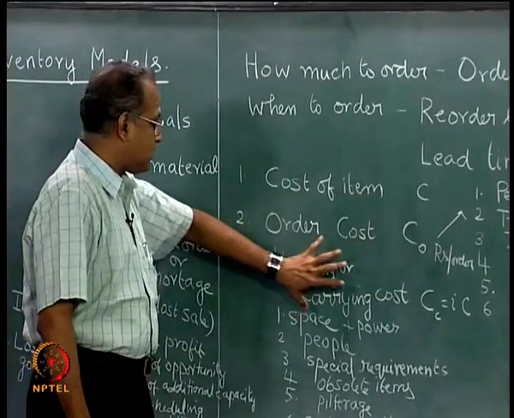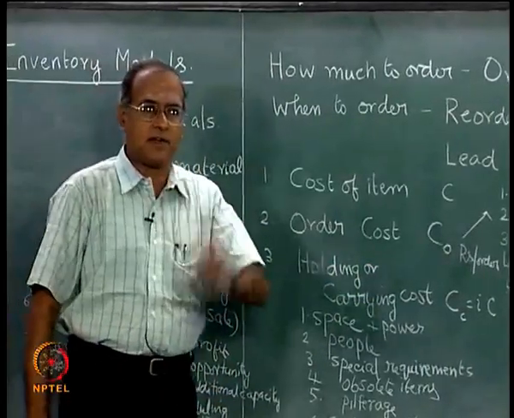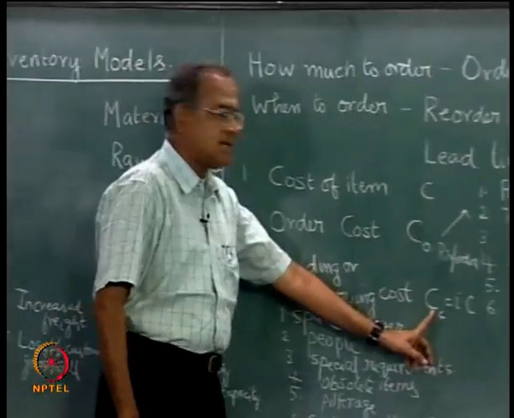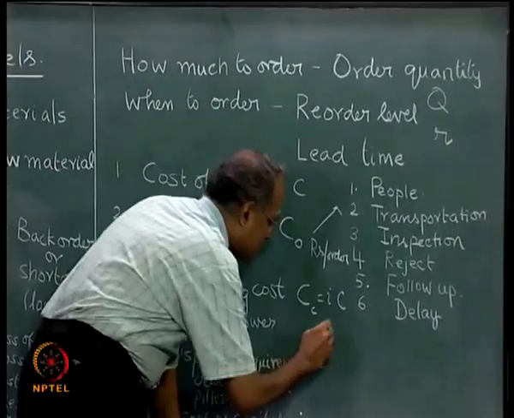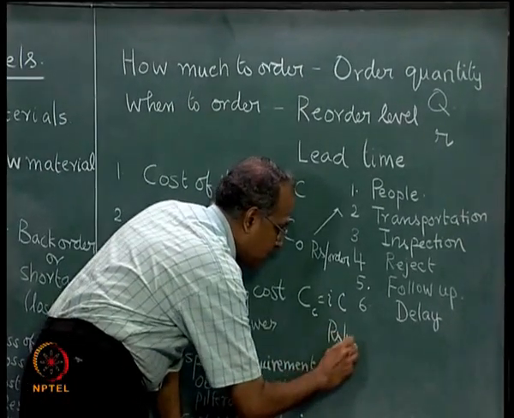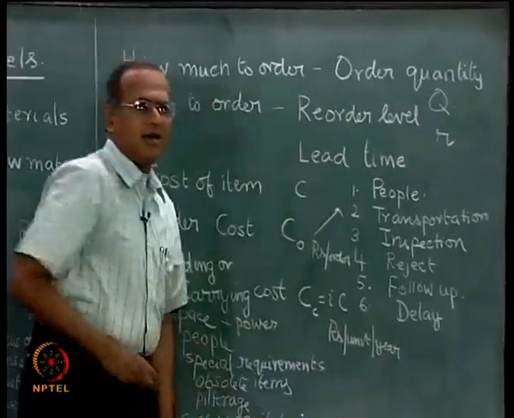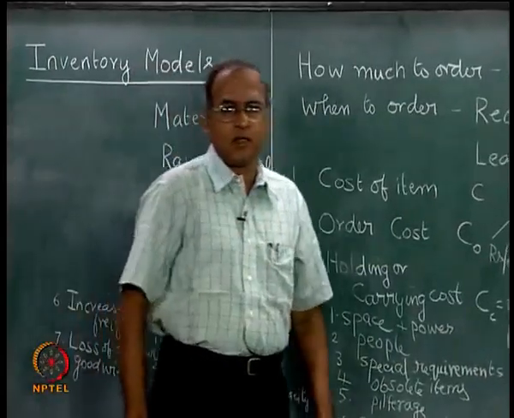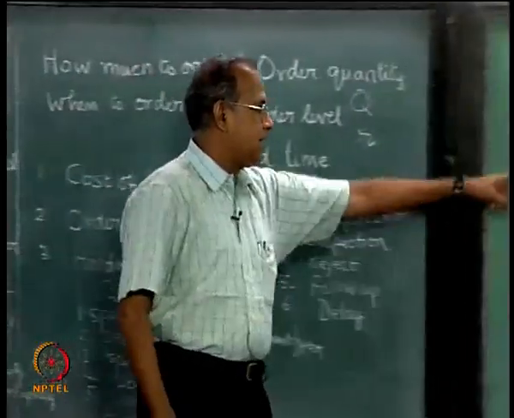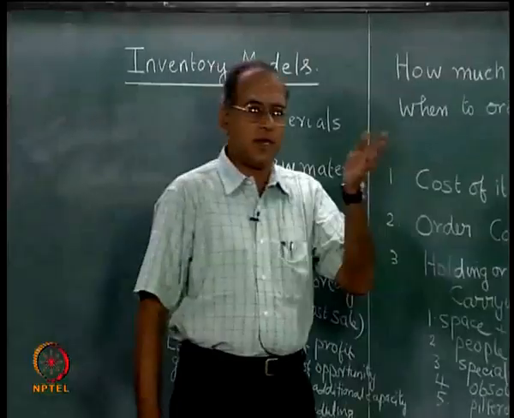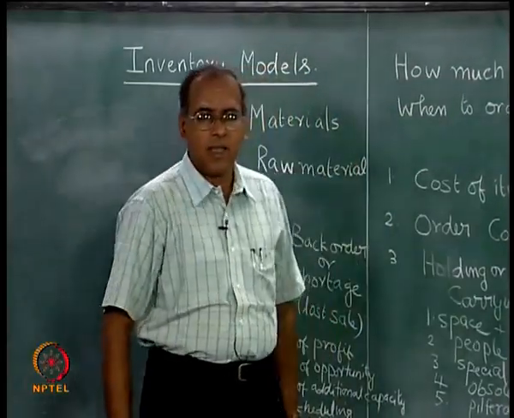So this cost we have considered. Now we have to consider this cost, holding cost or inventory cost. Now holding cost or inventory cost is defined as CC, and this has a unit called rupees per unit per year. So either year or the same time period that we are talking about. Since we are looking at year here, we would also define this as year, rupees per unit per year.